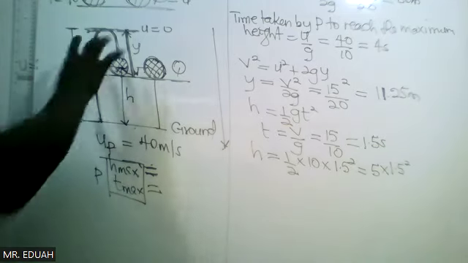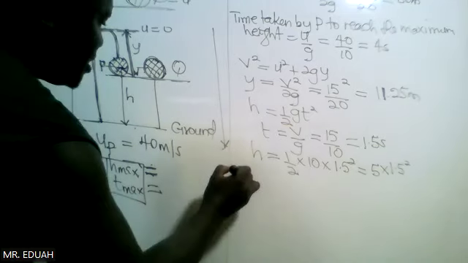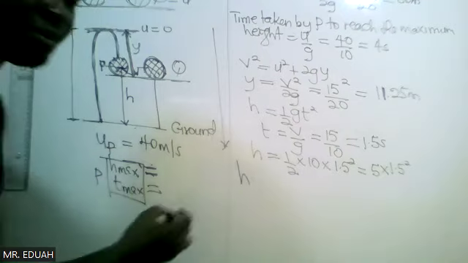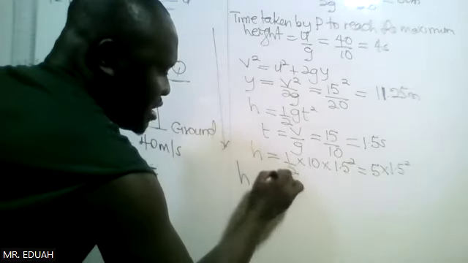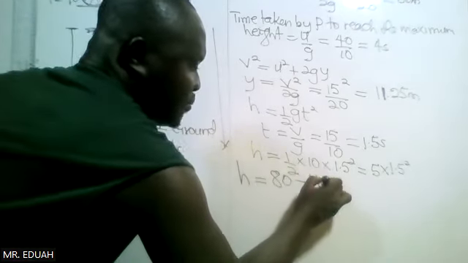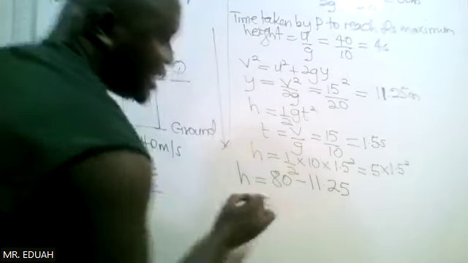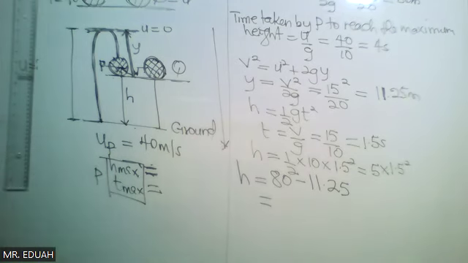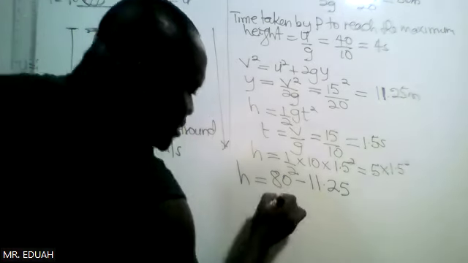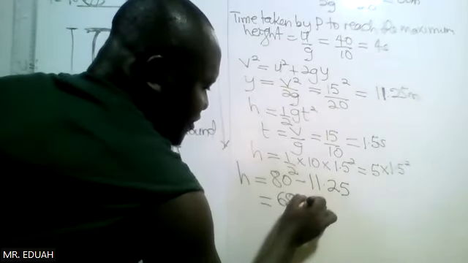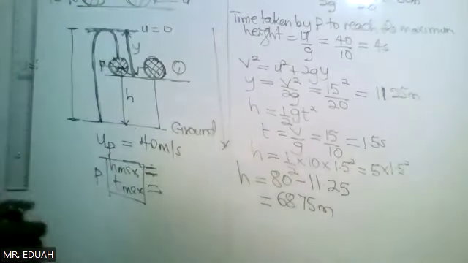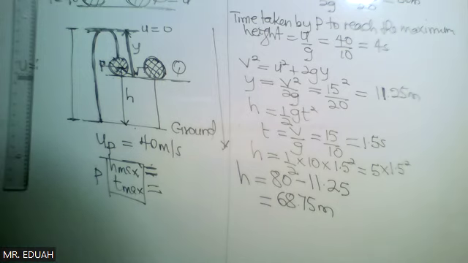Knowing the maximum height to be 80, h will be equal to 80 minus 11.25, which is 68.75 meters. It's not a difficult question, but if you don't think through it, you won't know.